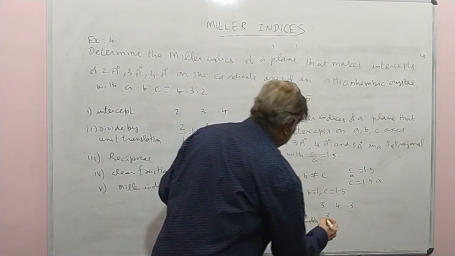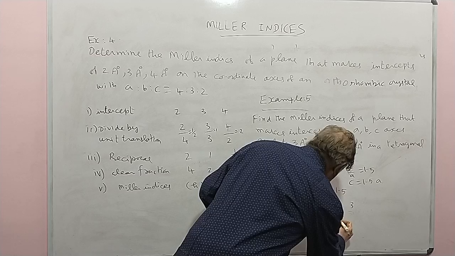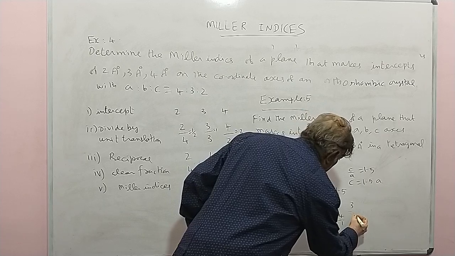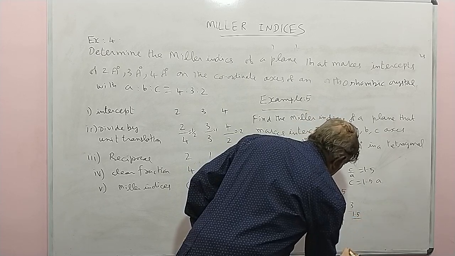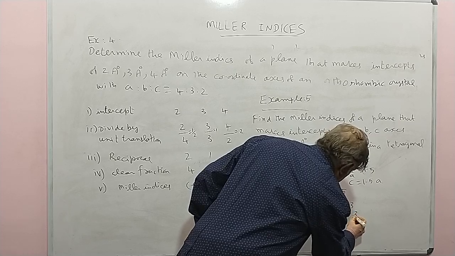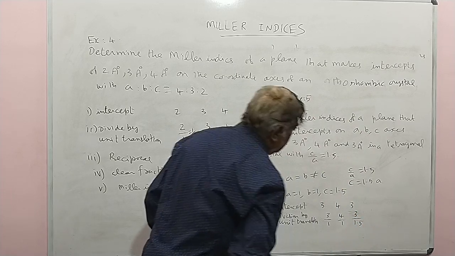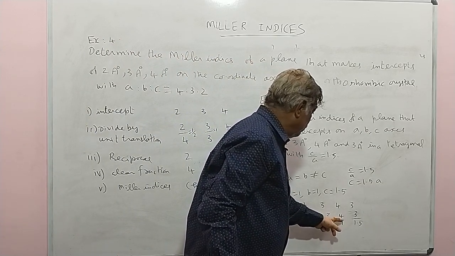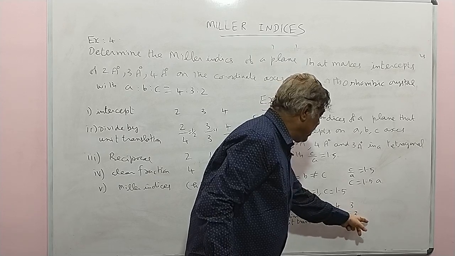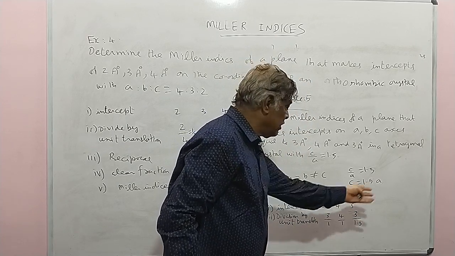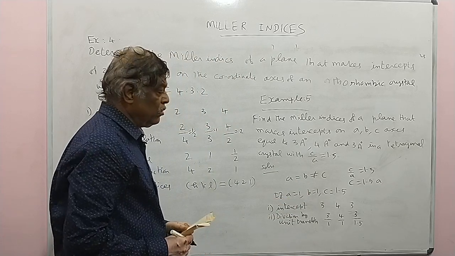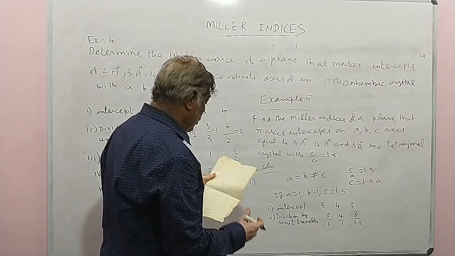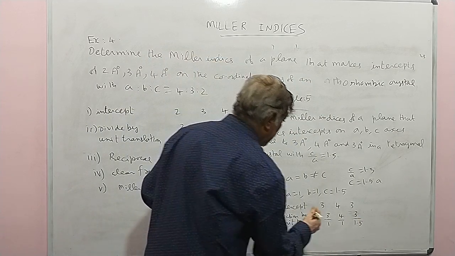And here you have to divide by B, which is also 1. Therefore 4 by 1. C is 1.5, so 3 by 1.5. Even if you don't put A is equal to 1, this is 3 by A, 4 by A, 3 by 1.5 A. A is a common factor. Since they are in the form of ratio, the A can also be removed. So this is 3, 4, and 3 divided by 1.5 is 2.